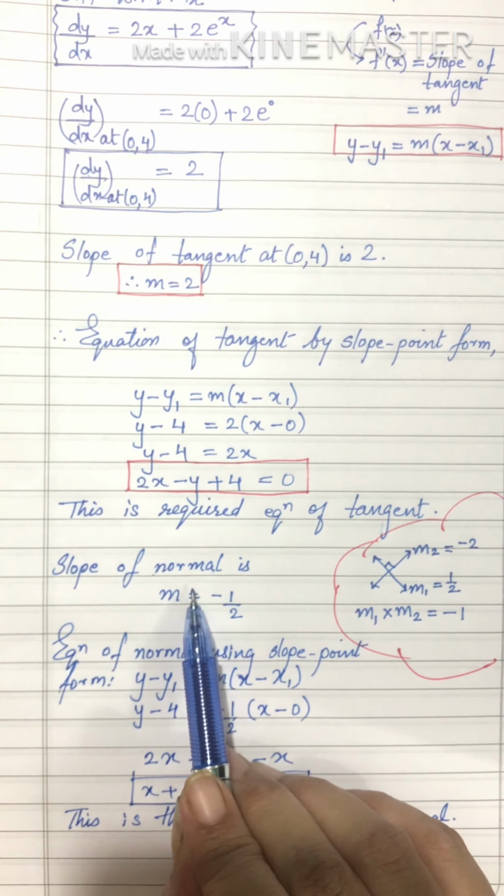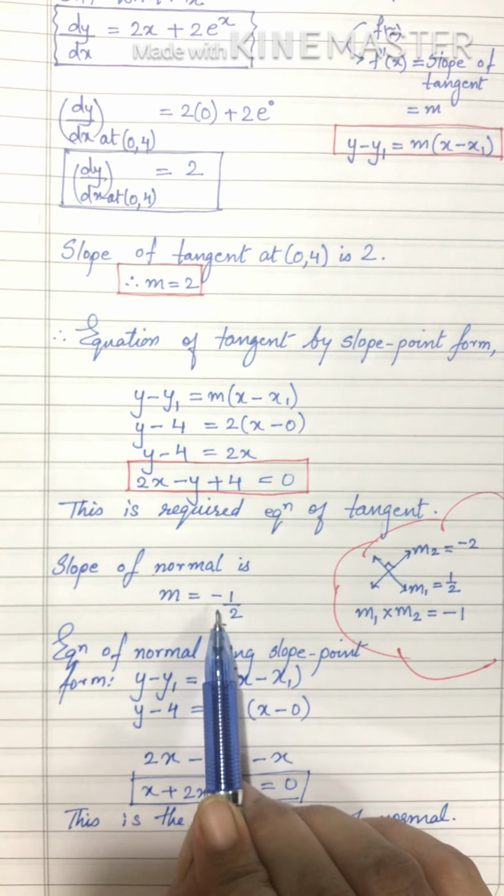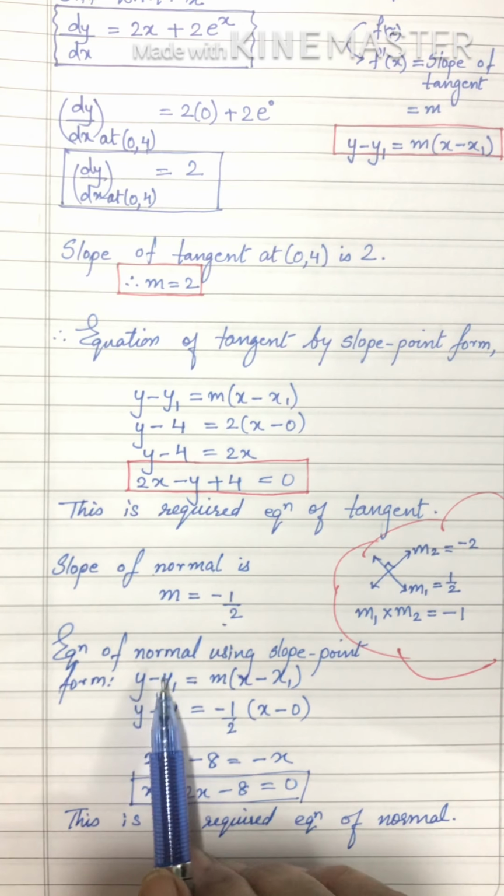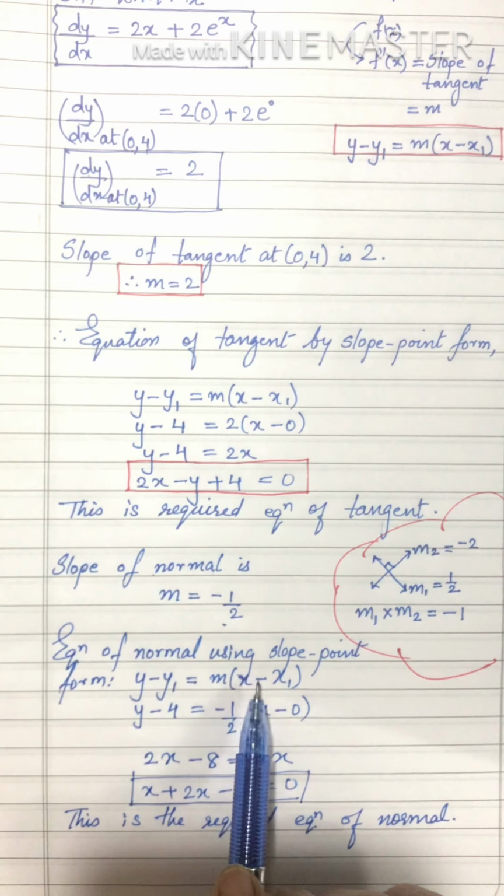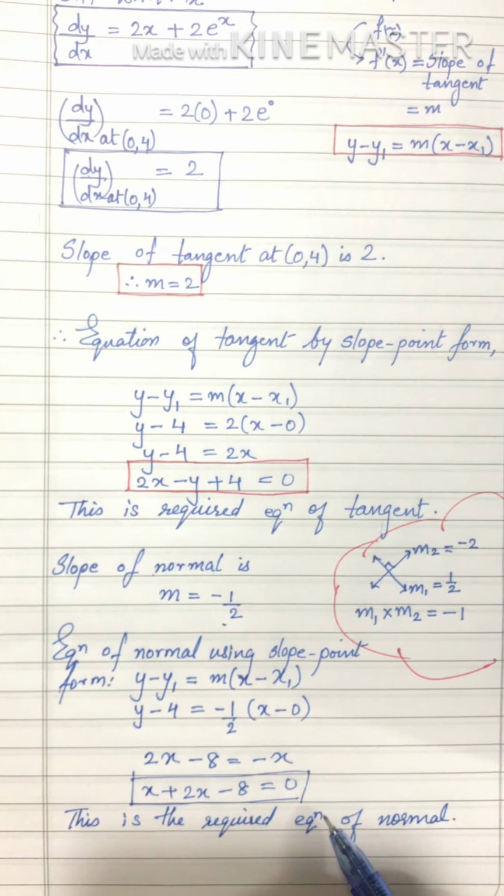Slope of a normal, that is a line perpendicular to tangent, will be just its reciprocal and the opposite sign. Then finding equation of the normal by using slope point form in the similar manner. This is how the sum is done. First sum we are done here. I hope you will be able to solve similar sums on your own now. Let's move ahead with different sums.